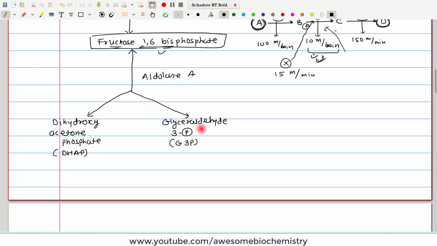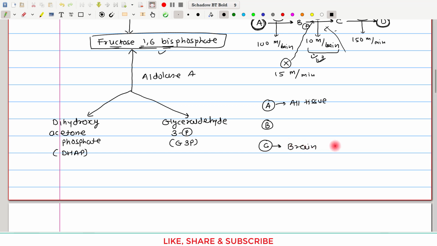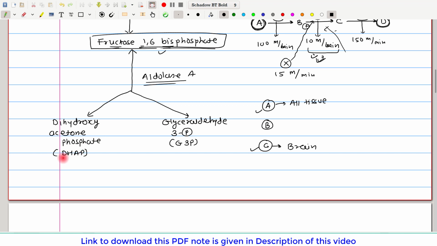In our body, there are a total of 3 different aldolases: aldolase A, aldolase B and aldolase C. Aldolase A is present in all the tissues. Aldolase C is present only in the brain, or you can say inside the nerve cell. So, aldolase A and aldolase C both catalyze the same reaction, that is fructose 1,6-bisphosphate to DHAP and G3P.